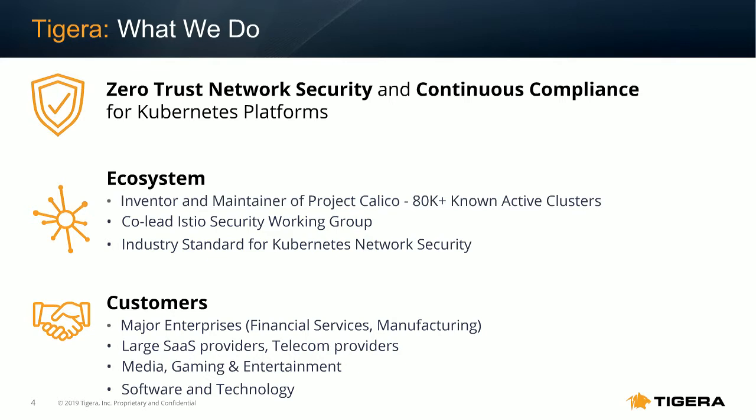We are also the co-lead for Istio Security Working Group, very actively engaged there. And it's probably fair to say that Calico and Tigera technologies today are the default standard for network security. I can very confidently say that there is probably nobody out there on the planet who's running production clusters on Kubernetes and is either not already using our technology or has it on their roadmap to do network security.